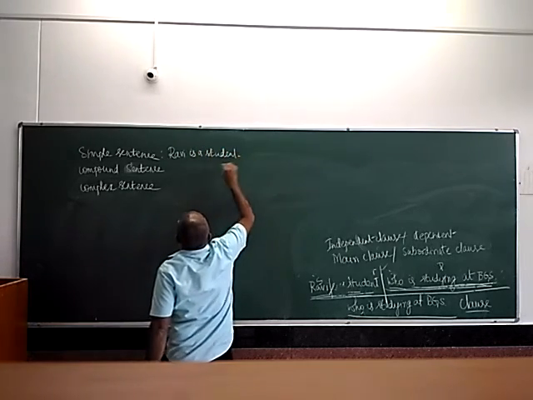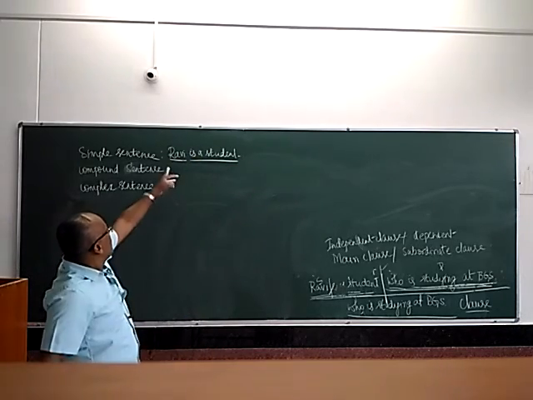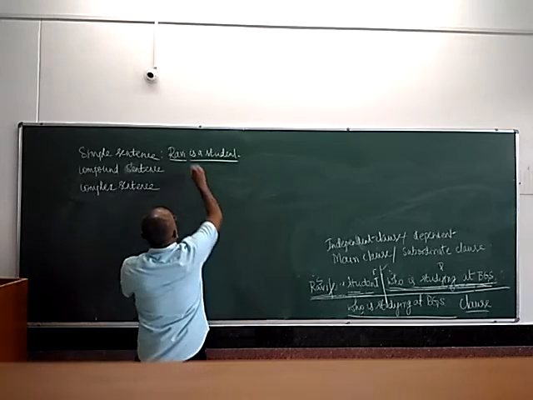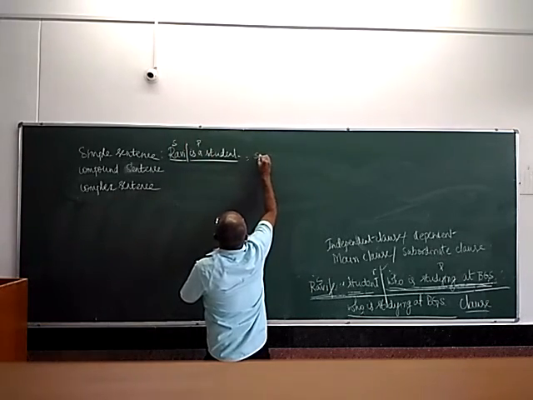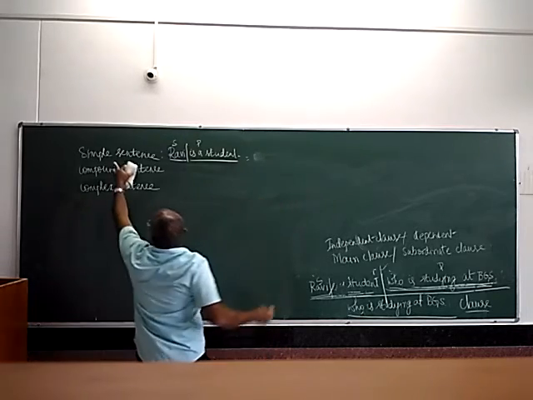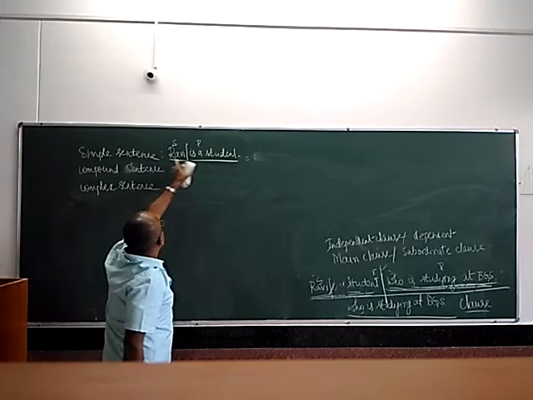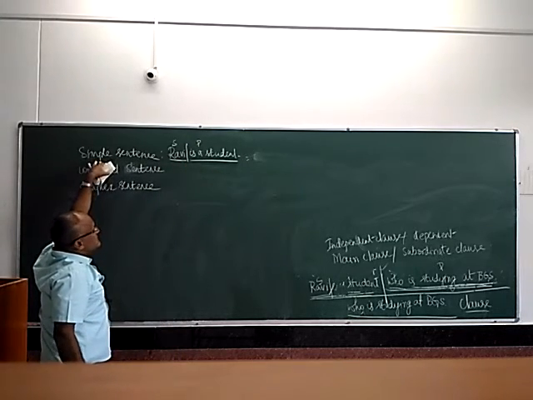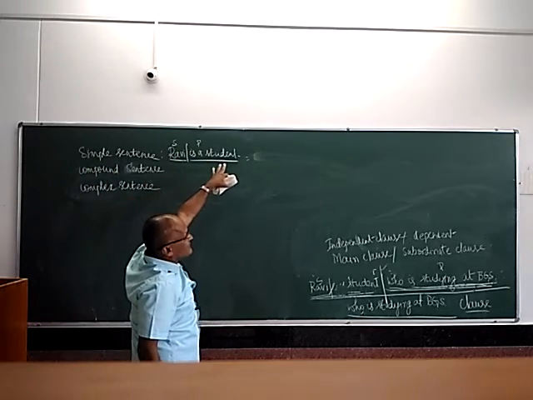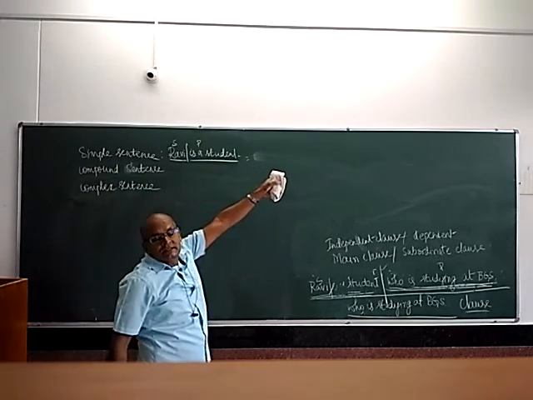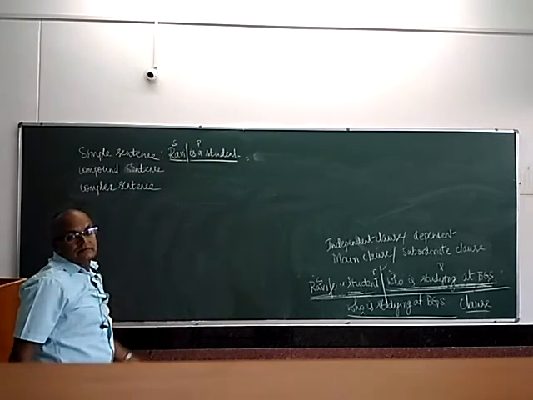There is only one subject and one predicate. This is called a simple sentence. When you have only one subject and one predicate, it is called a simple sentence. It doesn't depend on any other thing. It can make the meaning independently of itself.